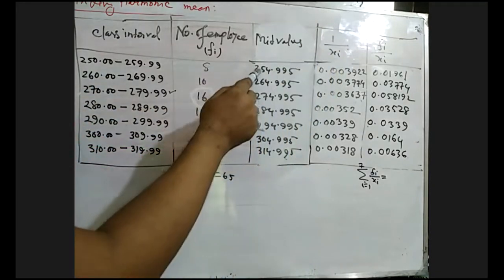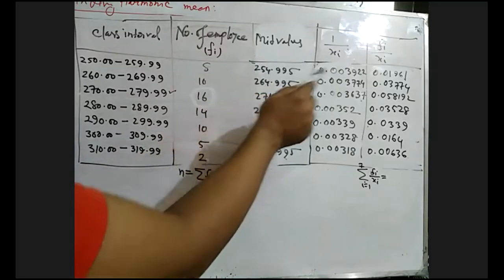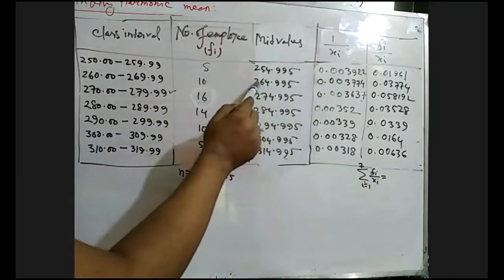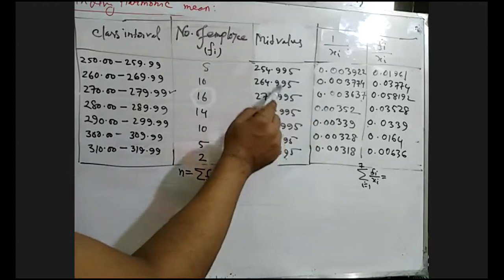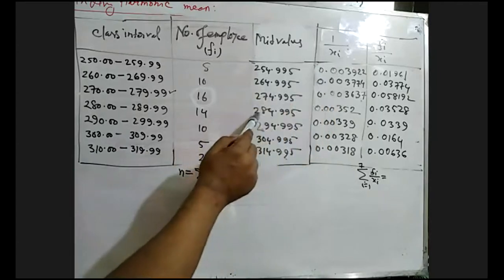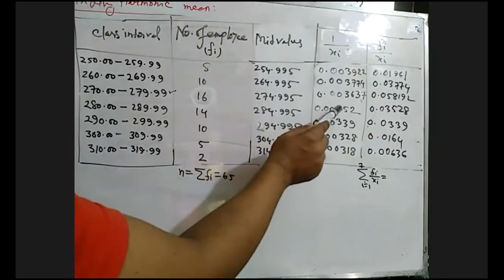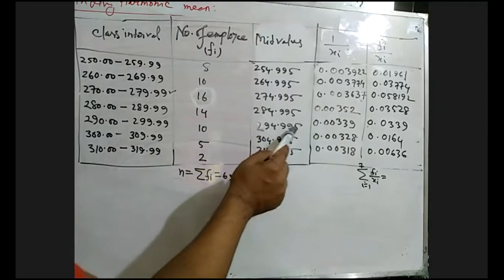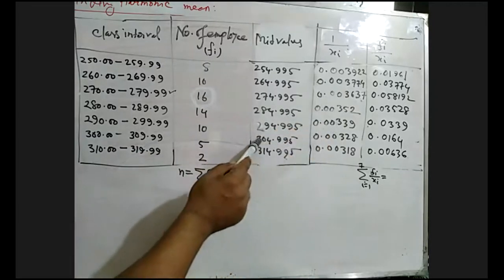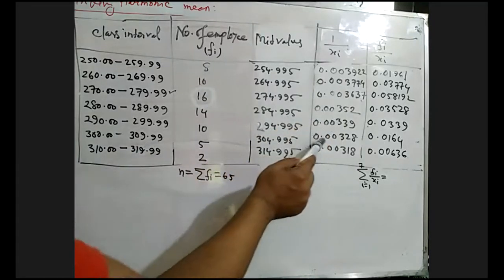That means 1 divided by 254.995 will be this, and 1 divided by 264.995 will be this, 1 divided by 274.995 will be this, 1 divided by 284.995 will be 0.00352, and 1 divided by 294.995 will be this, and 1 divided by 304.995 will be this.